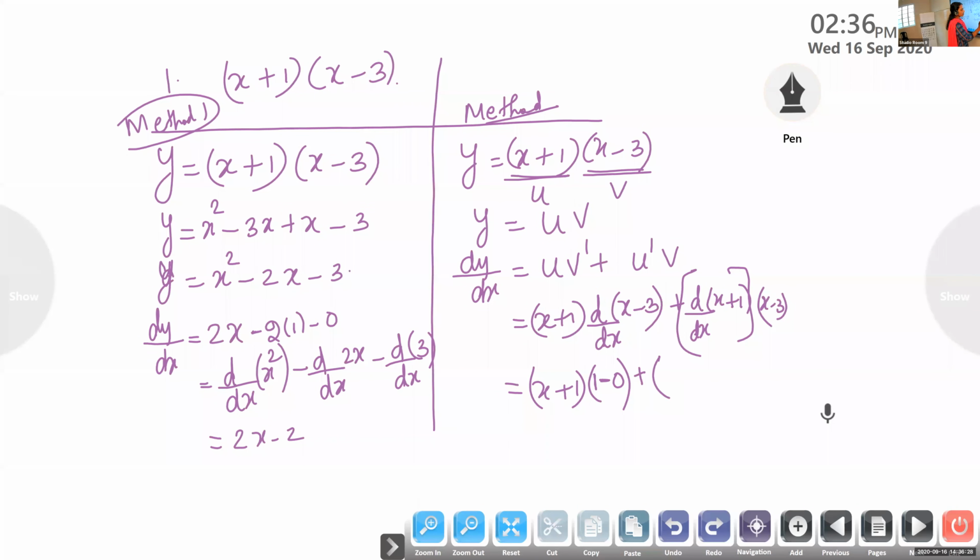The derivative of x is 1, plus the derivative of 1 is 0. The second function you can write as such, (x minus 3). So that is (x plus 1) into 1 plus 1 into (x minus 3). Which is x plus 1 plus x minus 3, which is 2x minus 2. In both ways you will be getting the same answer.